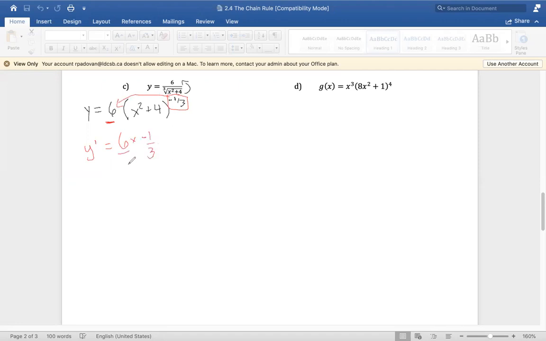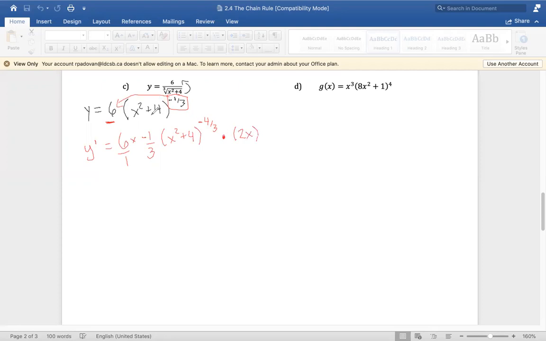Leave the inside alone, the x squared plus 4. I'm going to subtract 1 off of this exponent, so negative 1/3 subtract 1 is like negative 1/3 subtract 3/3. So you should end up with negative 4/3. And then we're going to multiply that by the derivative of the inside, which is 2x.